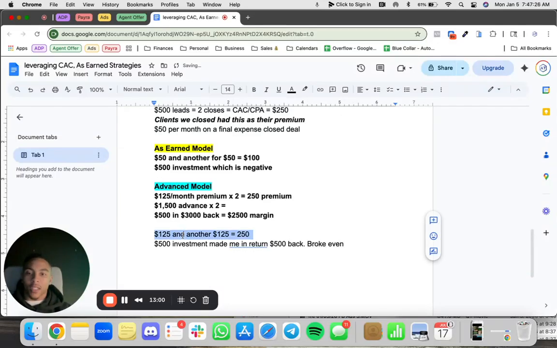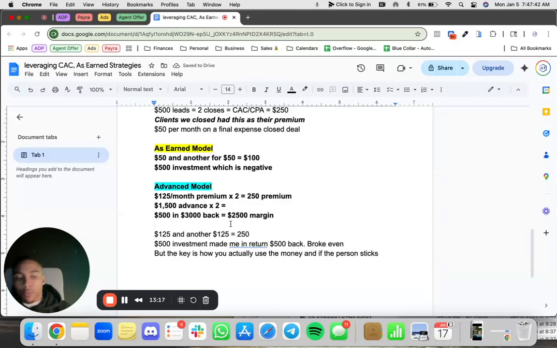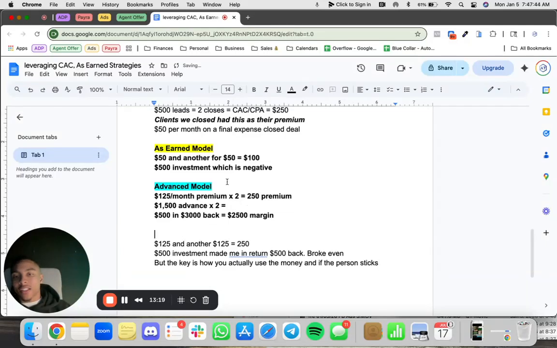But follow me, the key is how you actually use the money and if the person sticks. I'm showing you what most people won't, because what I just broke down is why people don't make it in the life insurance game.